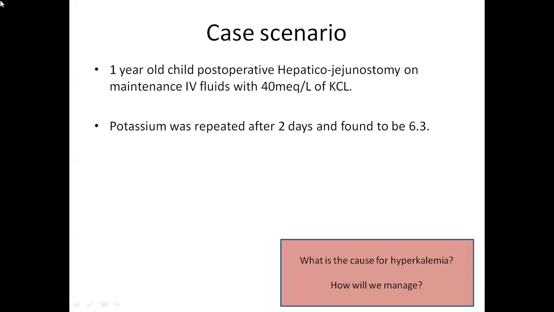Sir, as it is above six, we should be giving corrections. Which corrections? That's what I'm asking. First, we will give calcium correction, sir. Why are you giving calcium correction in hyperkalemia? To stabilize the membrane, to prevent arrhythmia. To stabilize the membrane. But there are no tall T waves here, right? The membrane is stable only.